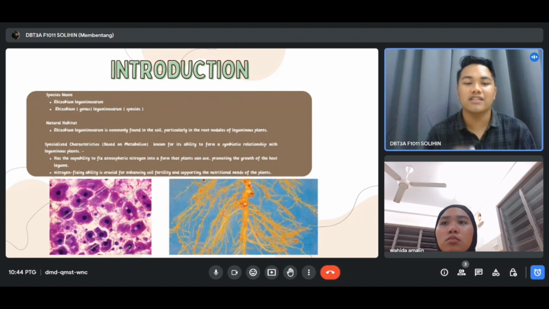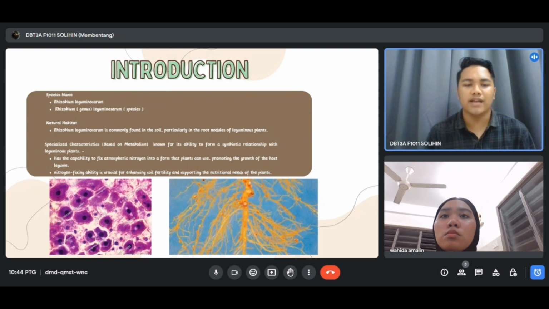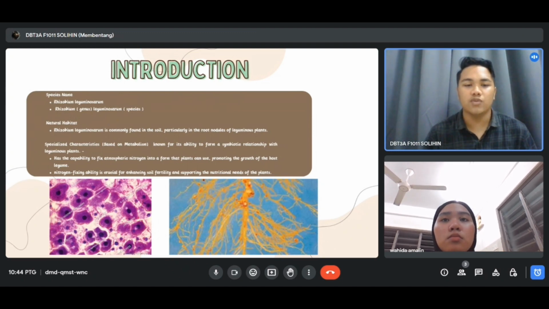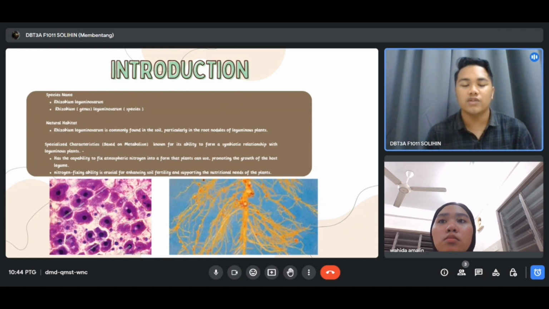The specialized characteristic based on their metabolism is the ability to form a symbiotic relationship with leguminous plants. They have the capability to fix atmospheric nitrogen into a form that plants can use and also promote the growth of the host legume.